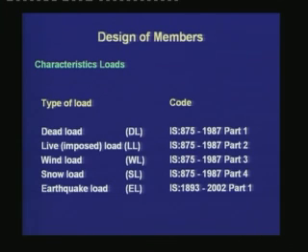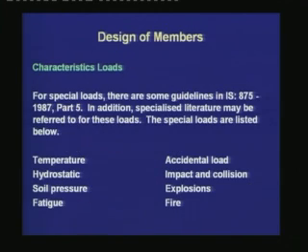The earthquake load, which is represented as EL, is obtained from the separate code, which is IS 1893 part 1. For special loads, there are some guidelines in IS 875-1987 part 5. In addition, specialized literature may be referred to for these loads.